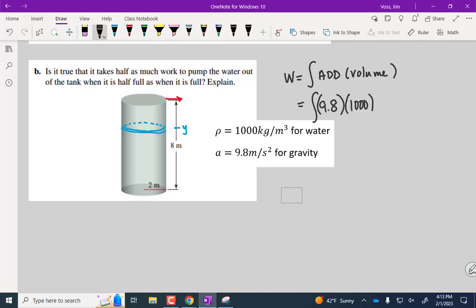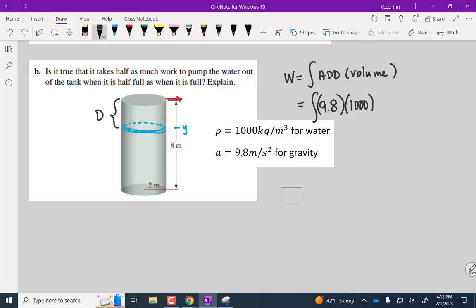Now we have to think about the next stuff. Acceleration, density, distance. That distance means the distance your representative slice travels to get out of the tank. So if we're pumping right out of the tank, that is the distance that's traveled.